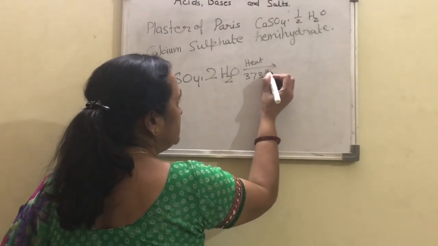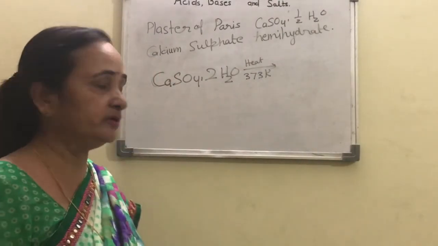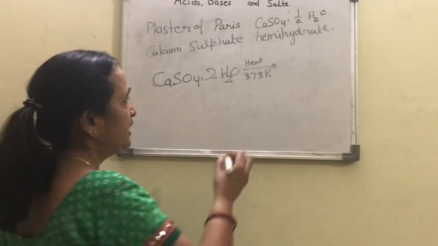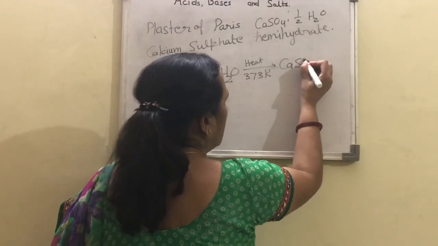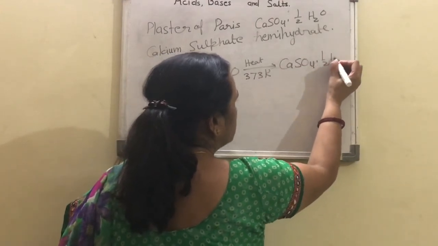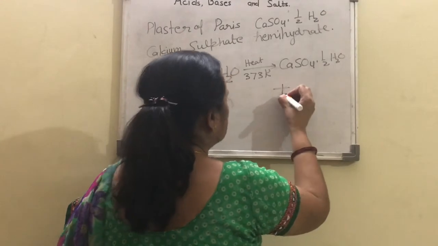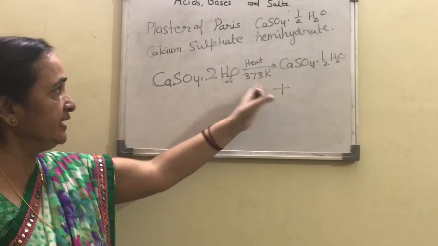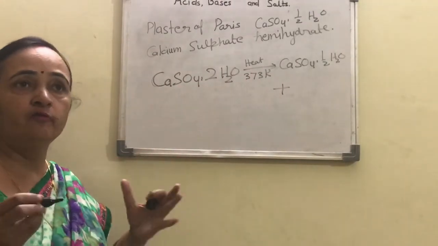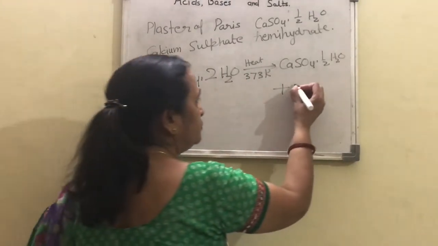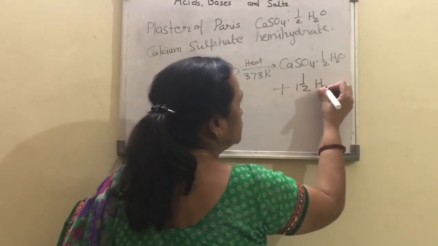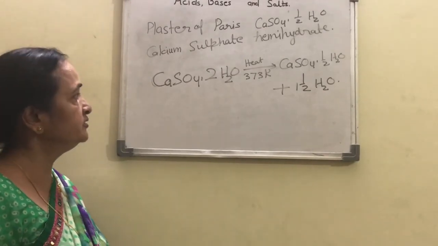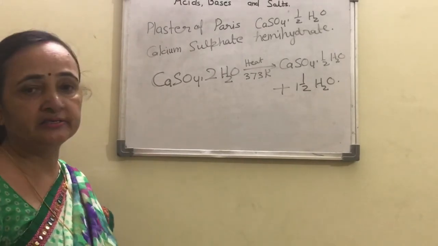The temperature must be 373 Kelvin, and on 373 Kelvin it is heated, and then plaster of Paris, CaSO4 half H2O is formed, plus now as you can see here 2 molecules of water were there and half is taken from here, so 1.5 molecule is left. So you can write 1.5 H2O is left. So this is the preparation of plaster of Paris.